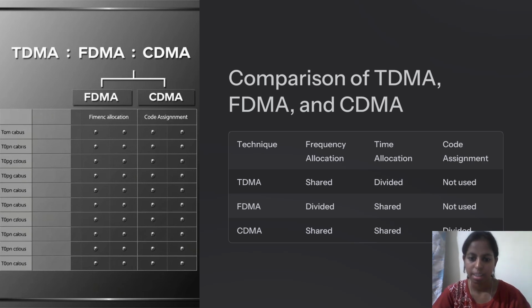In FDMA, frequency is divided, time is shared, and code assignment is not at all used. In CDMA, it is mainly concentrated on the code division, hence frequency is shared, time allocation is shared, and code assignment is divided.